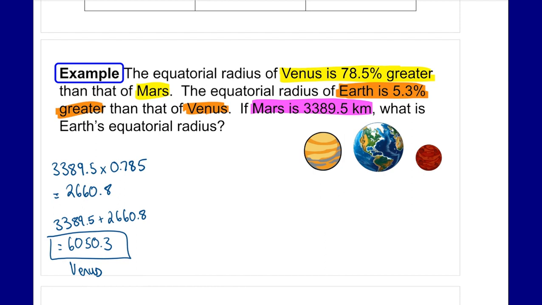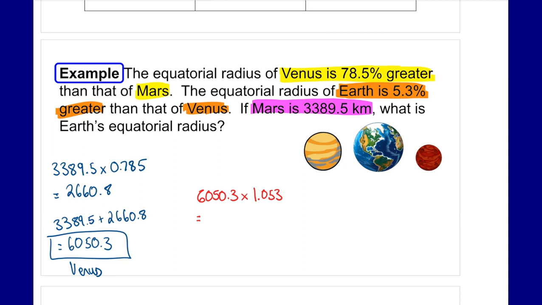So I can take Venus's measurement, 6,050.3, and I'm going to multiply it by not just the decimal percent of 5.3, but I'm also going to have a 1. So I'm going to multiply it by 1.053. And what this is going to do is save me from having to add to my original value. So it's going to save me one extra step. I'll explain why in a second.